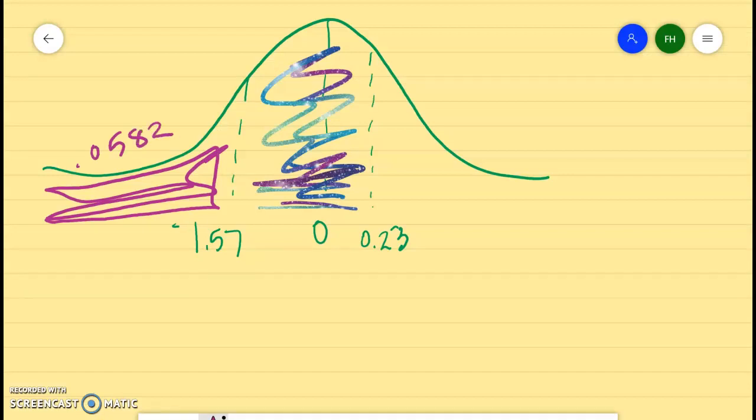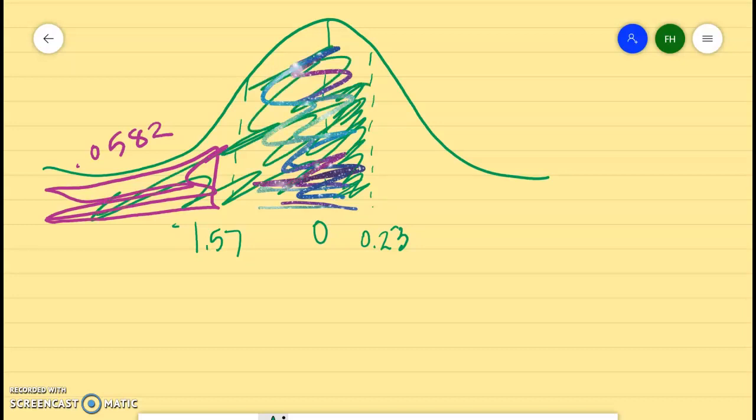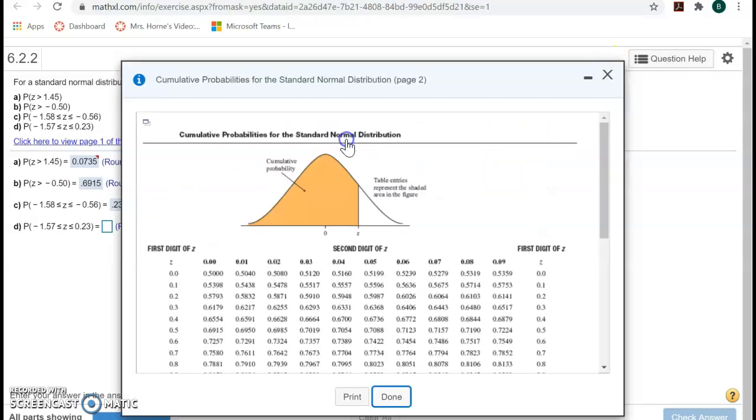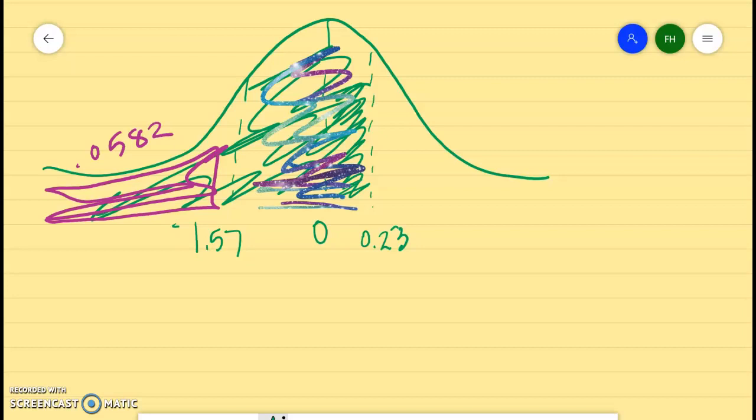Now we're going to find the probability of the larger. 0, 1, 2, 3: 0.5910. So the larger one, all the way up to this, is 0.5910. I'm so bad about forgetting numbers.